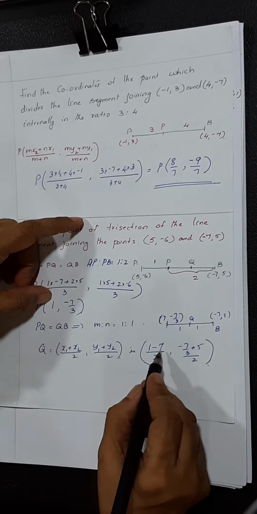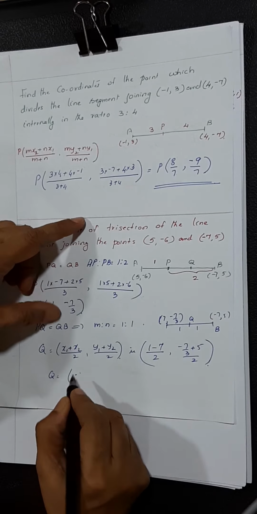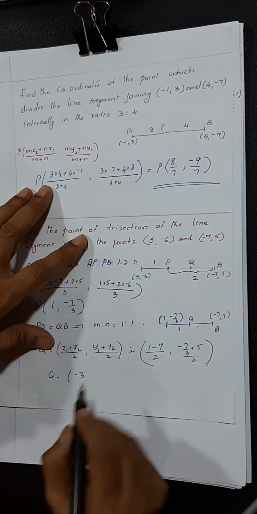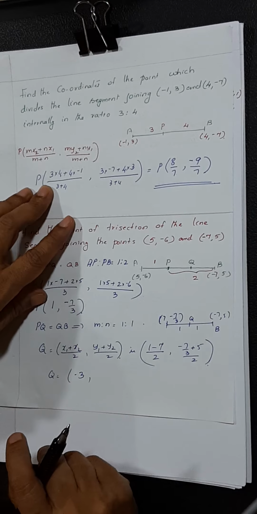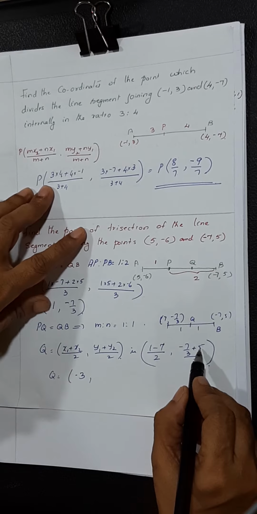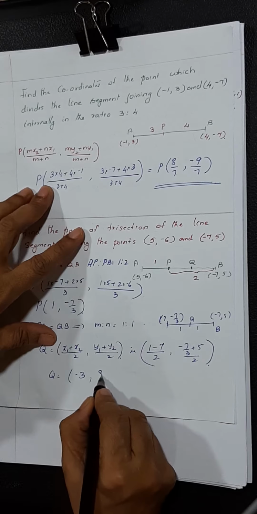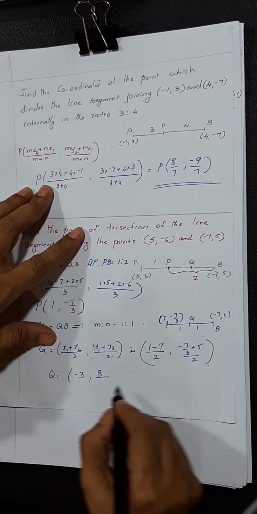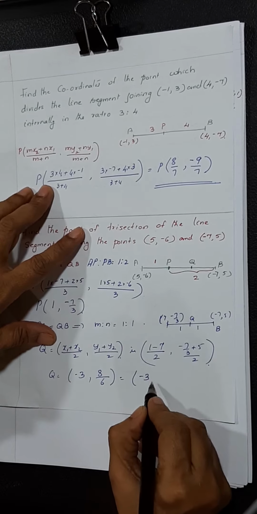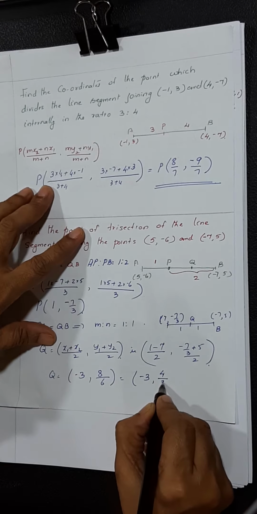So that is minus 3 and then 8 by 6. So that is minus 3, 4 by 3.